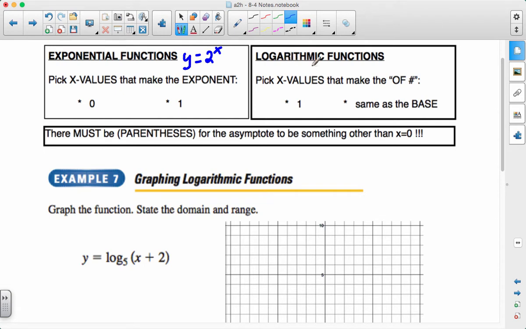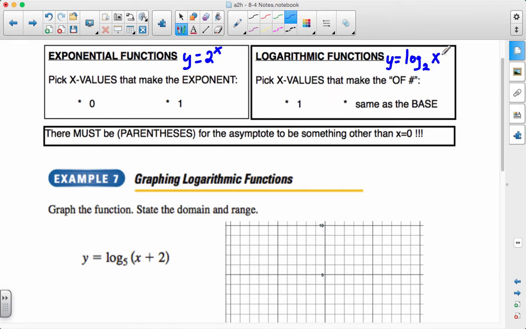But with logarithms, now we want to pick x values that make the "of" number, the argument, handy dandy numbers. So we'll pick 1.